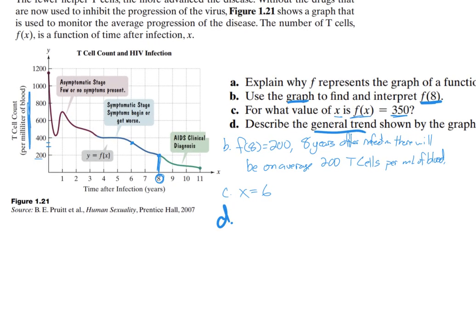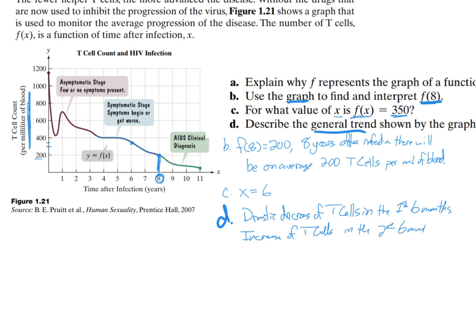If we wanted to be more specific, we could say drastic decrease of T cells in the first 6 months, and then an increase of T cells in the second 6 months.